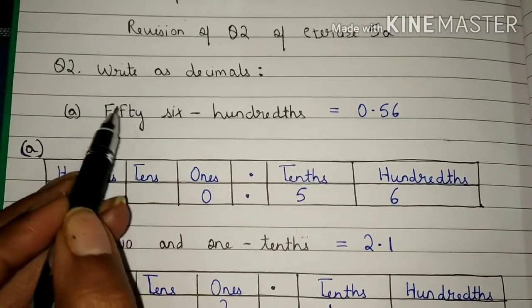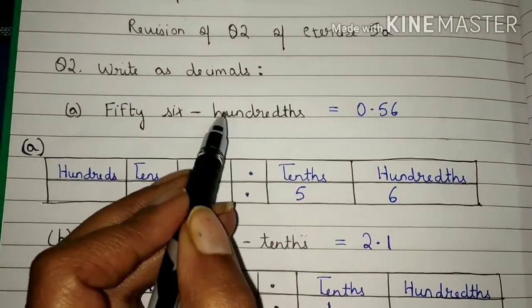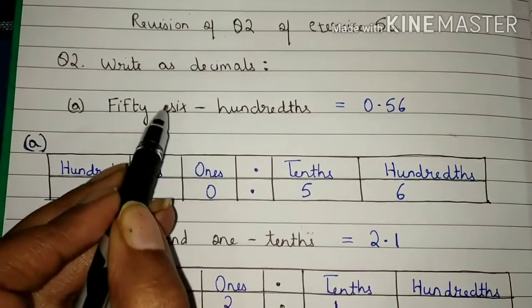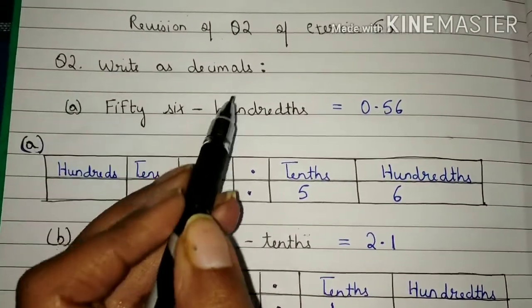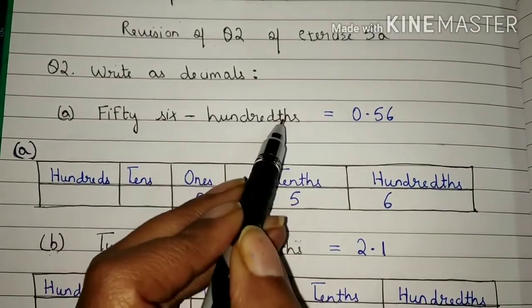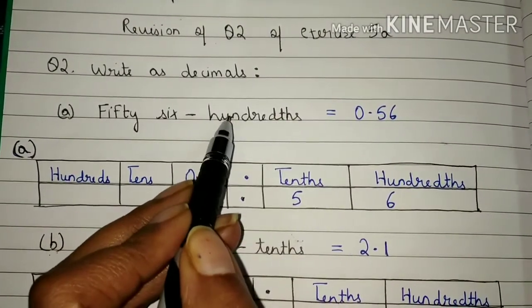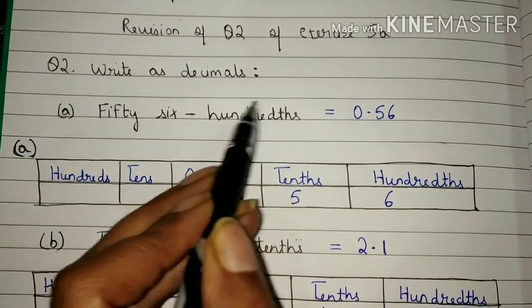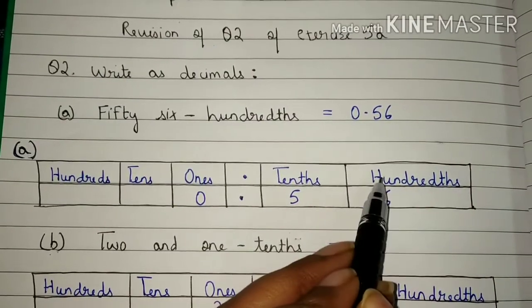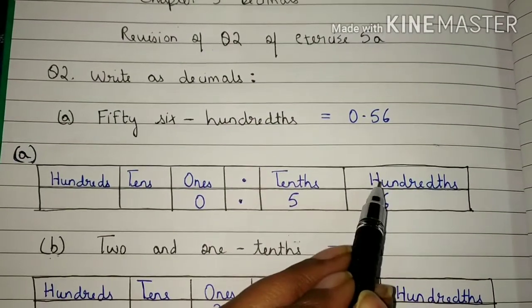Question is 56 hundredth. Students, 56 means 56. Students, here place is hundredth. As you know that hundredth place will come after the decimal point.